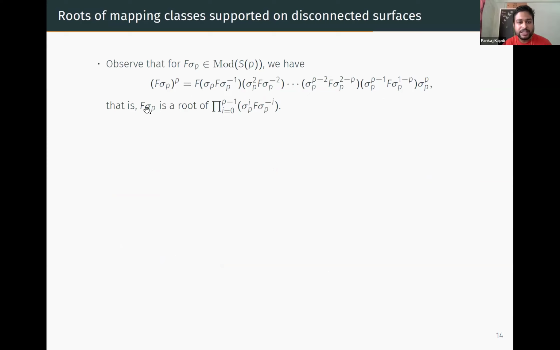So f sigma is actually a degree p root of this product. In general, if you take the uth power of f sigma_p, it decomposes into GCD of p comma u copies of these particular maps.